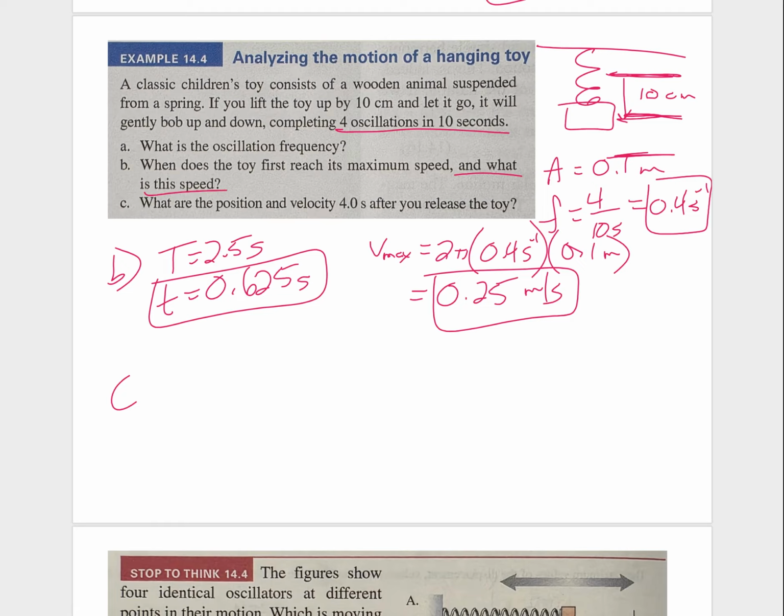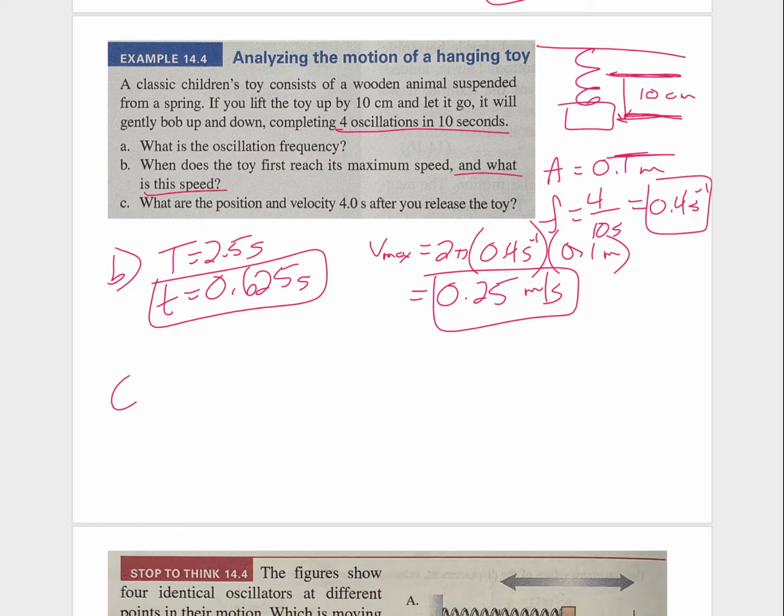Apparently it's not. That's our x max. So the period is 2.5 seconds. So 4 seconds in, we've gone through one full cycle, and we have another second and a half to go, right? Halfway through the period is 1.25 seconds. So we've gotten all the way to the bottom again, and we're starting to come back the other way.